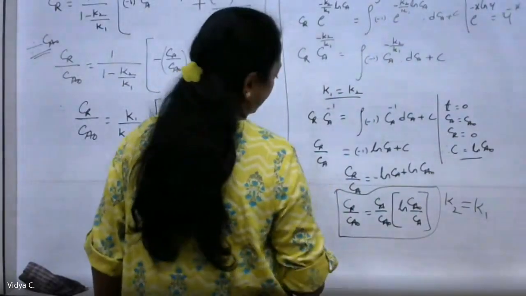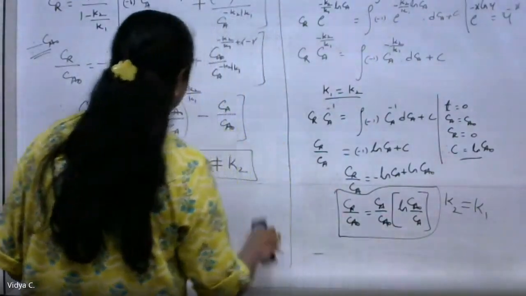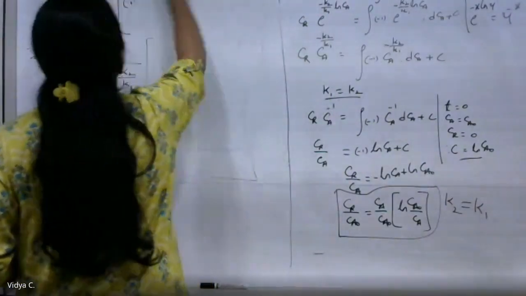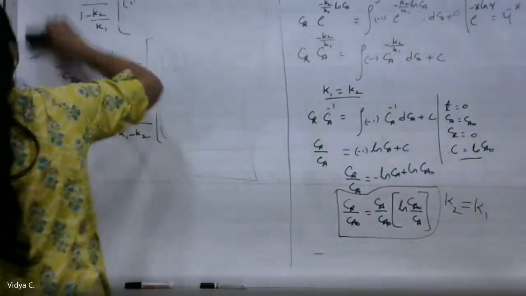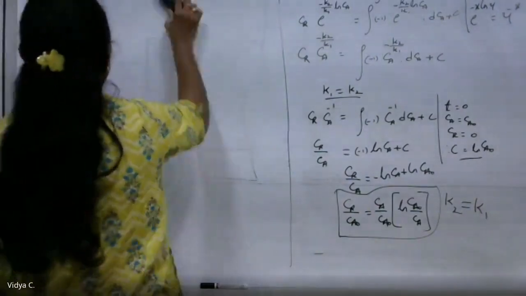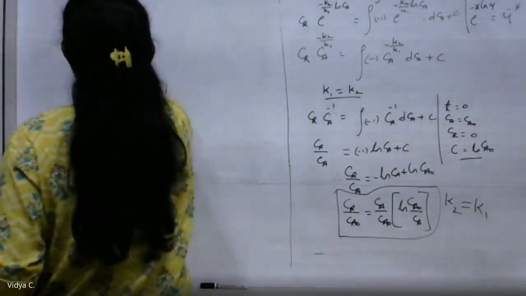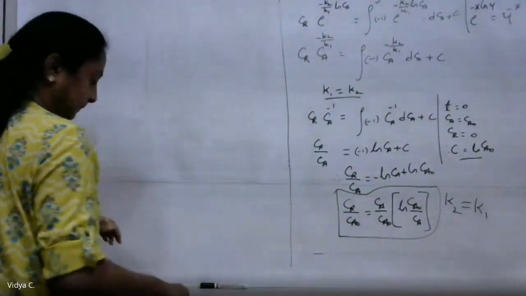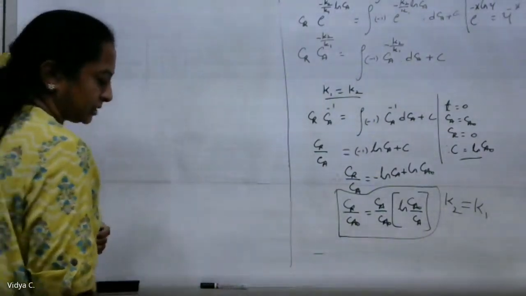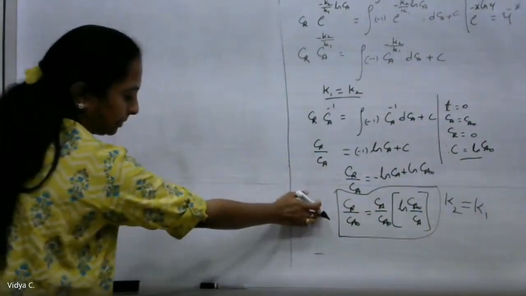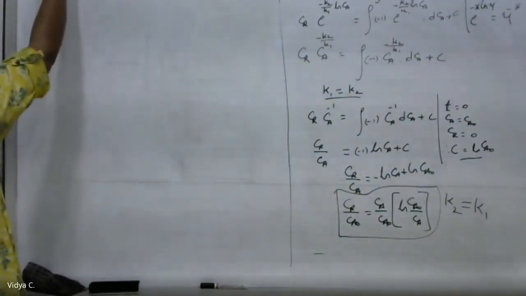So I'll go with the same equation. I'll rub this part. We'll continue here. So which equation I'll take here is the last equation. Let me take the last equation.